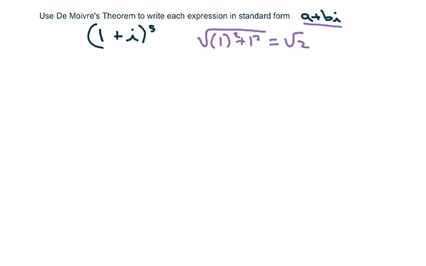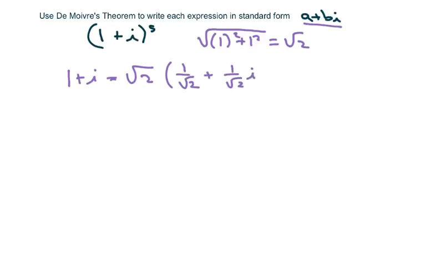So now we have 1 plus i equals square root of 2 times 1 over square root of 2 plus 1 over square root of 2 i.